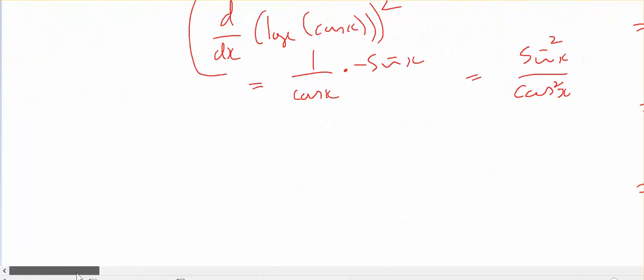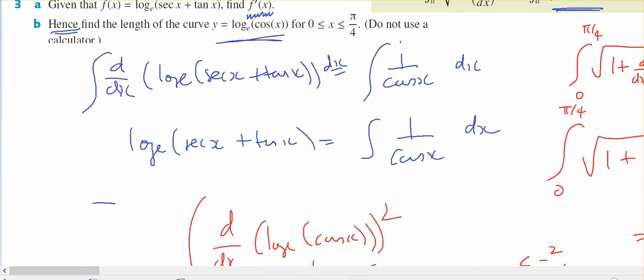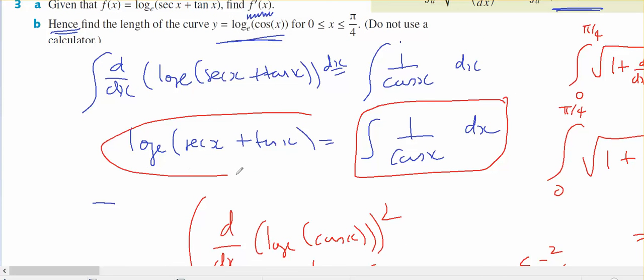Now I know from over here that the integral of 1 on cos of x is equal to this.